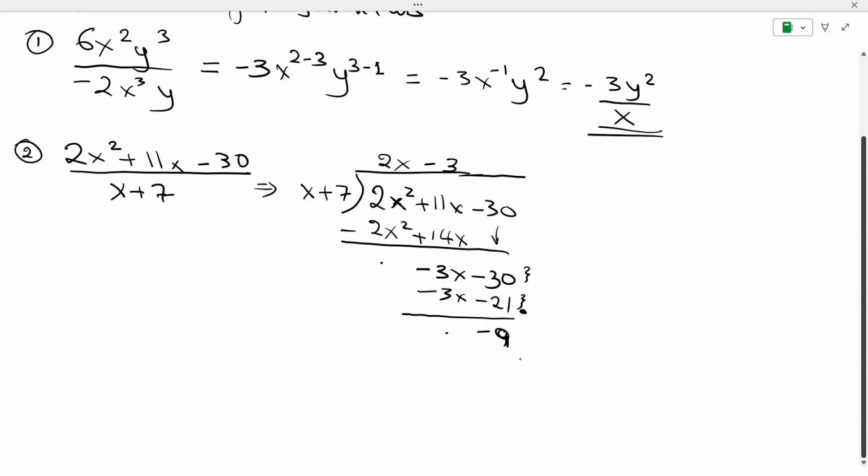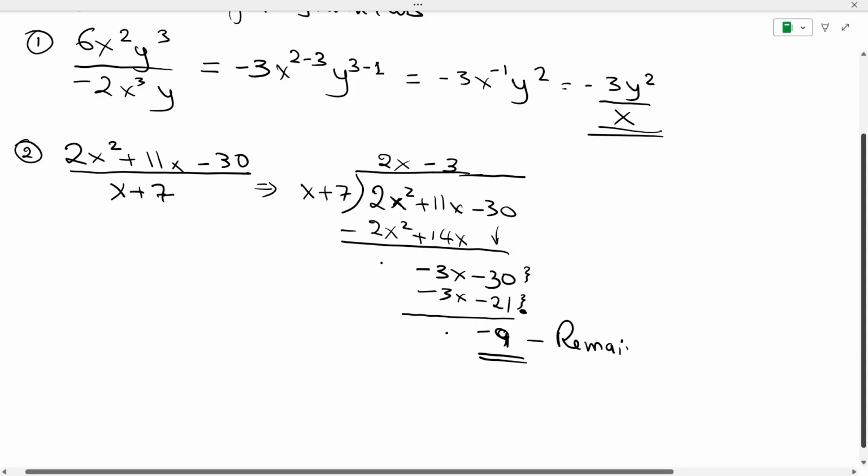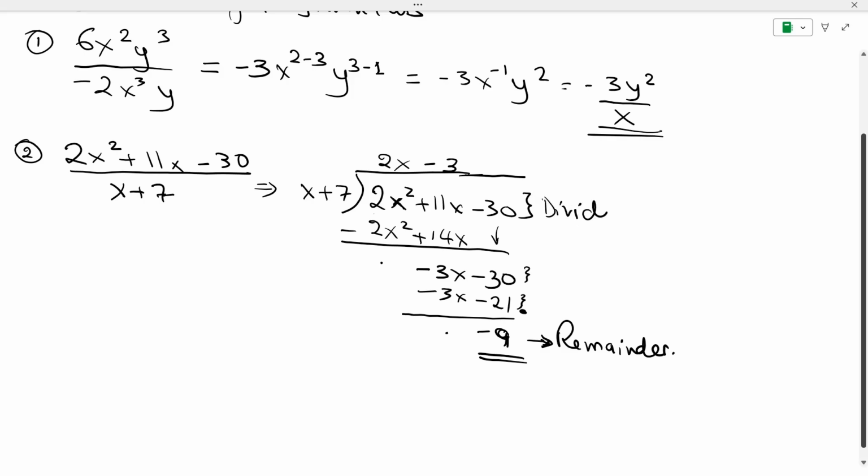So minus 9 is what we call the remainder, because we can't really get any factor which when multiplied by x plus 7 will give us 9. While 9 is the remainder, this expression here is called the dividend.